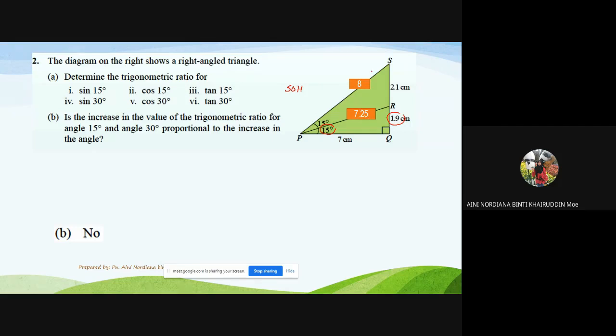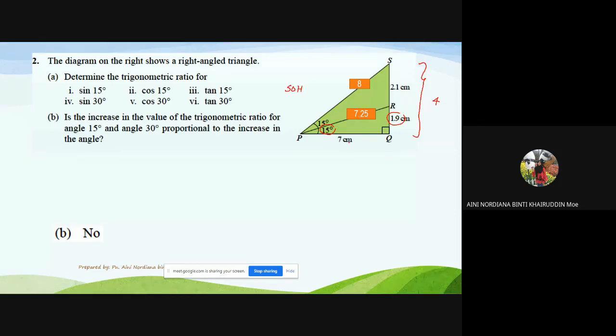For the length of PS, you can use triangle PQS. So in order to calculate the length of PS, 7 square plus 2.1 plus 1.9, which is 4.